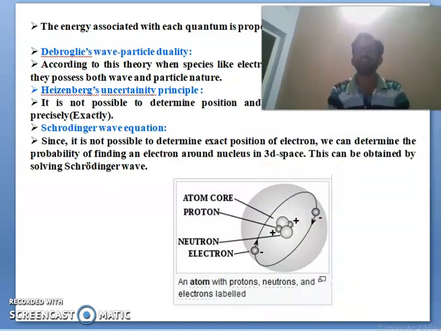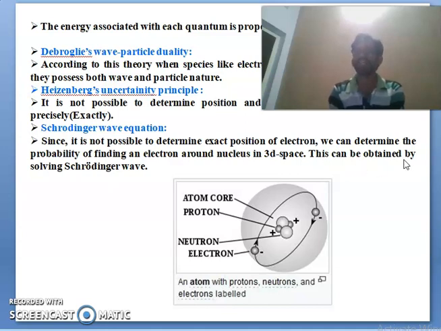And when you talk about the Schrödinger wave equation, since it is not possible to determine the exact position of an electron, we can determine the probability of finding an electron around the nucleus in 3D.